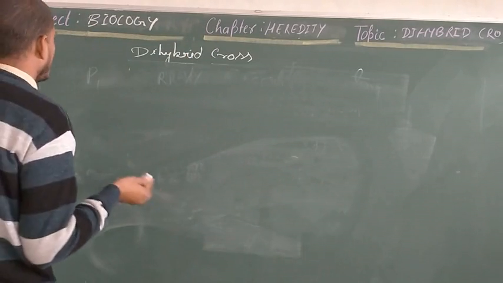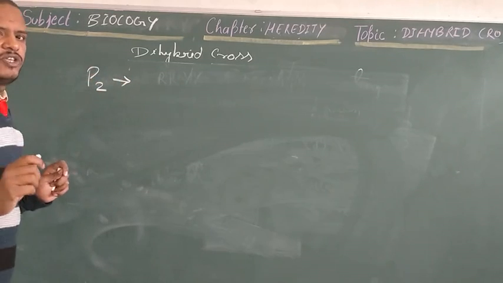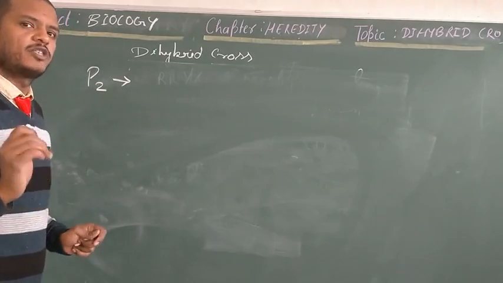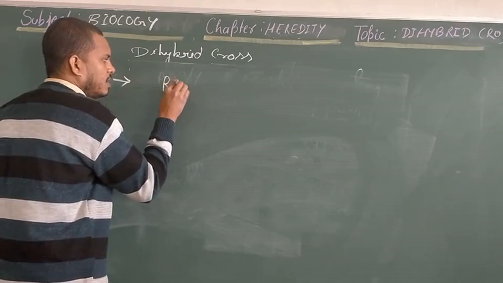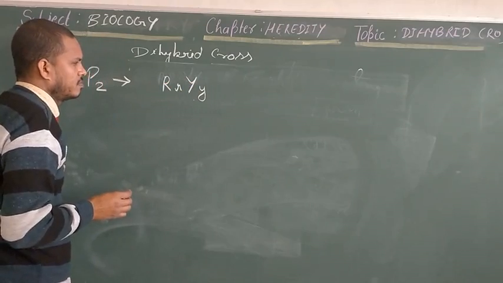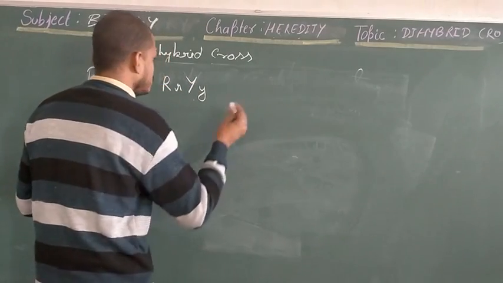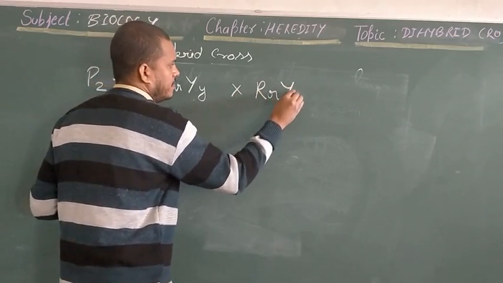Now check here. P2 means the F1 individuals, those who are going to act as parents now. What you got is the ratio: capital R, small r, capital Y, small y. Yes, this is what we got. And the other one also has the same genetic makeup.